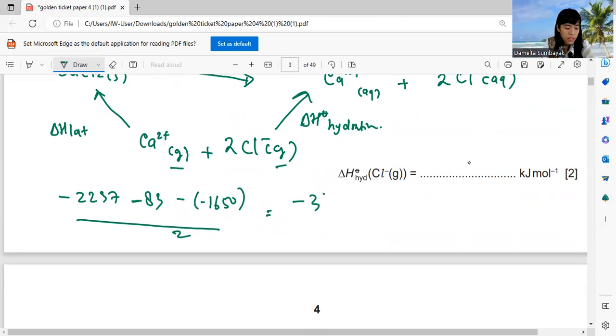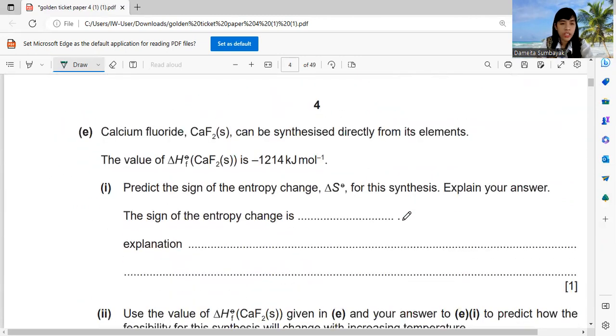Then the answer is negative 335 kilojoule per mole. It's negative, or we call it an exothermic reaction. Okay, next we move on.